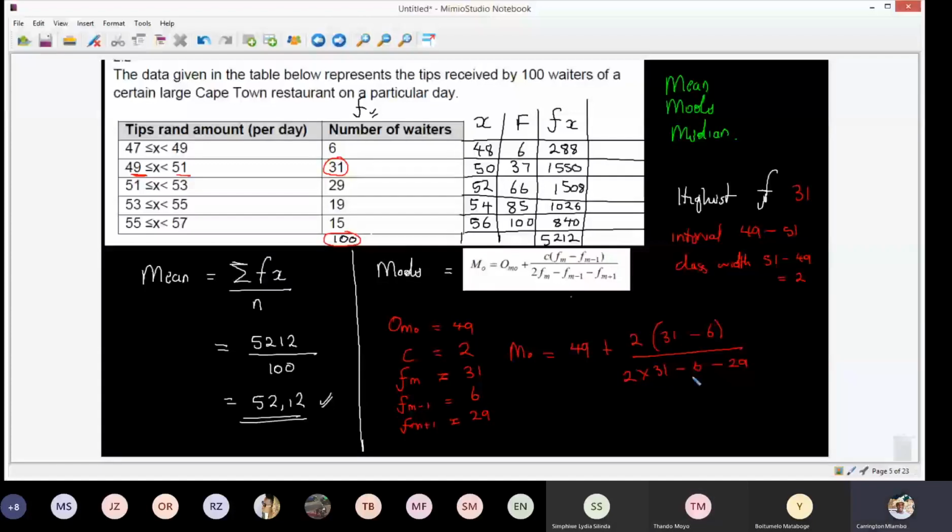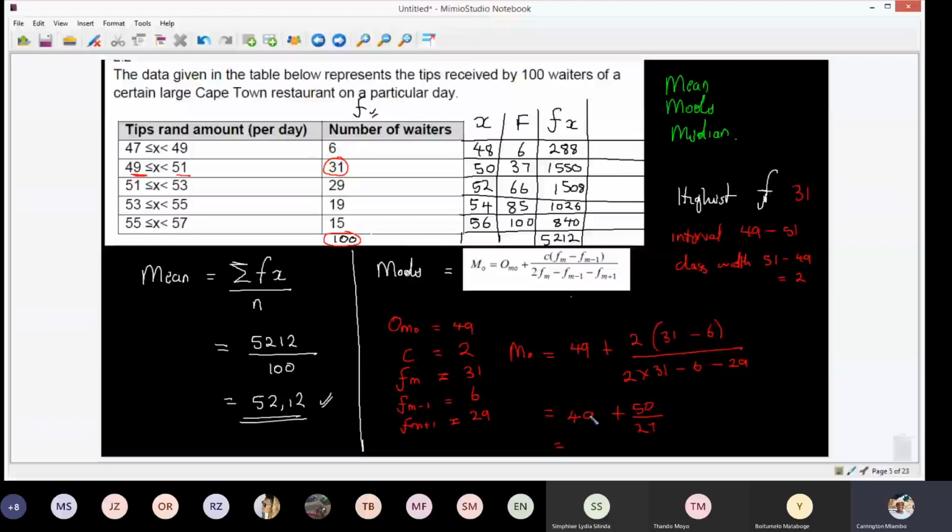Make sure you learn how to use your calculator. On top it's 50 over 2 times 31 minus 6 minus 29. It gives you 27, so 50 divided by 27 is 1.8, plus 49.